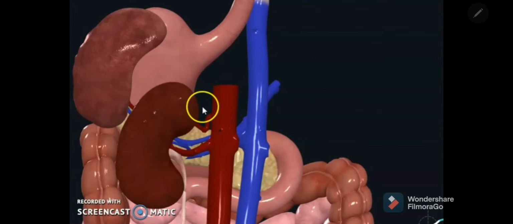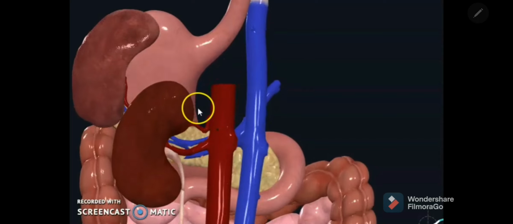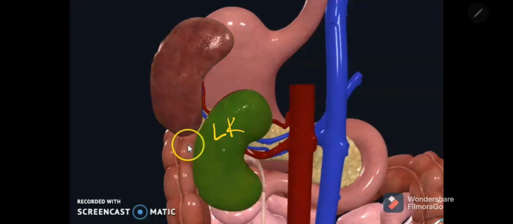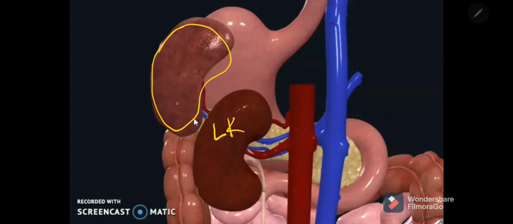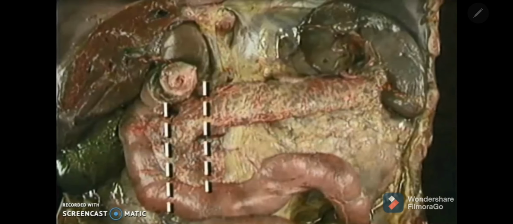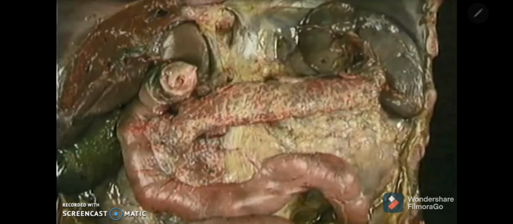You can notice here posteriorly and below it is related to the left kidney, and on the left side is related to the spleen, anteriorly and above to the stomach. So that is about the different parts and the relations. You can just notice there the head is related behind it to the inferior vena cava and formation of portal vein.